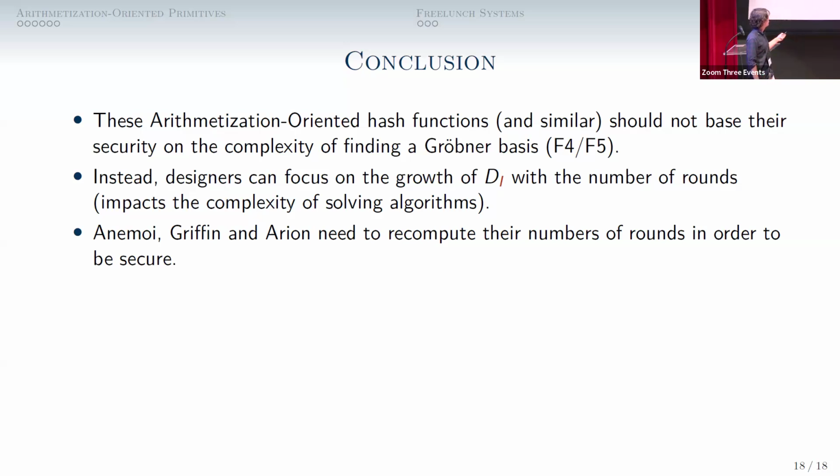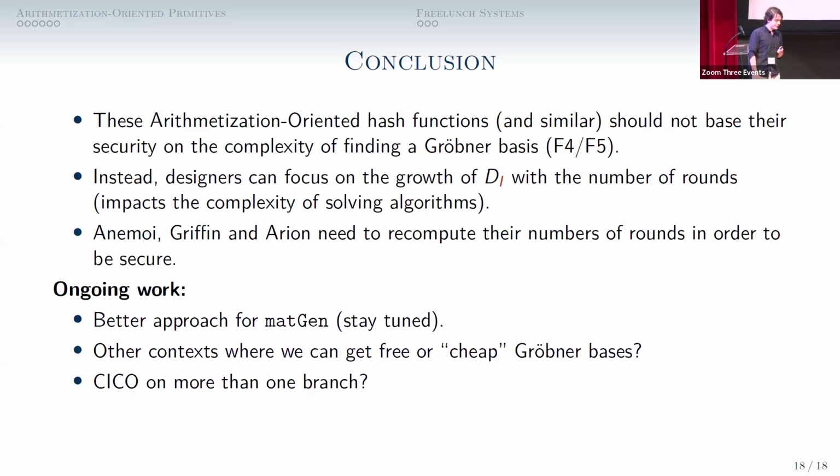So focusing on making sure that this quantity is large enough is a much better security argument in light of these results. And also, Anemoi, Griffin, and Arion, because we have these attacks, need to recompute the number of rounds in order to be secure.